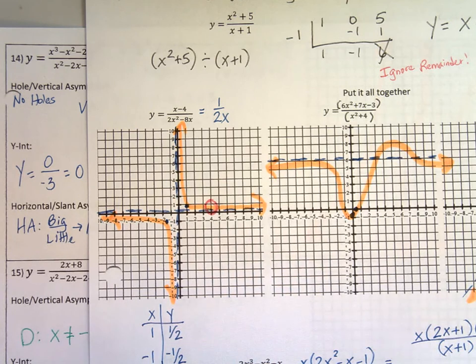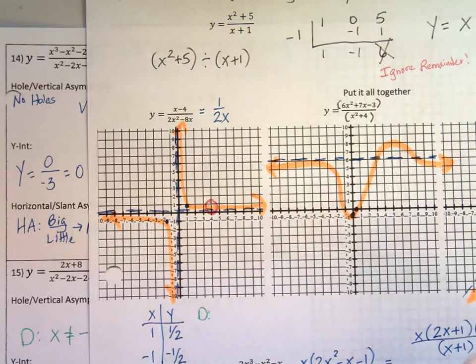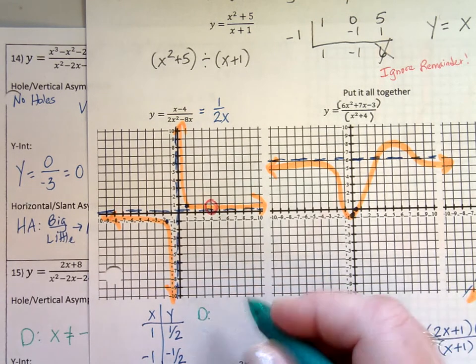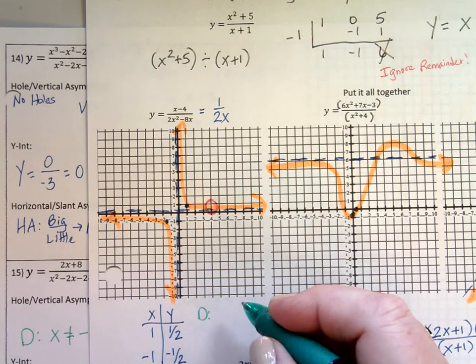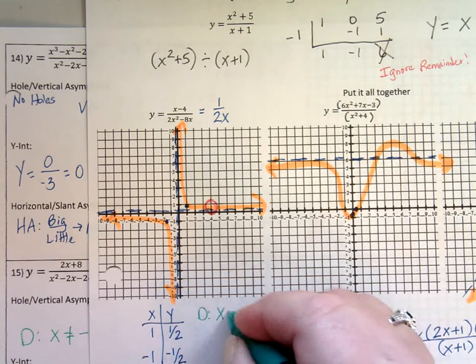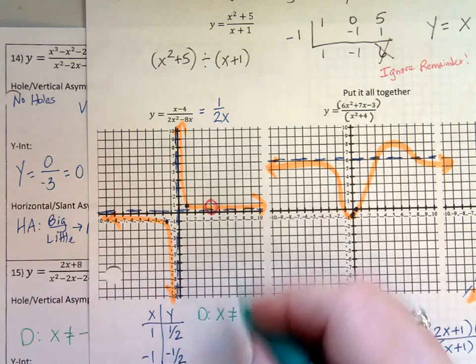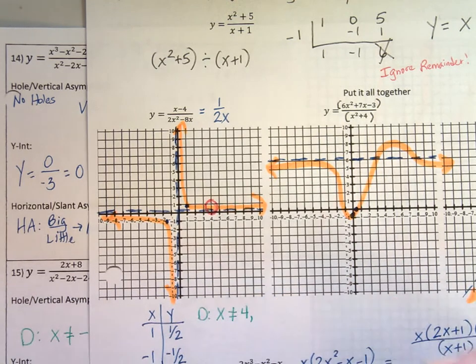So my domain for this one, it can be everything, but it can't be where there's a hole or where there's a vertical asymptote. So x can't be, where was my hole? Do you remember? It was at 4, right? X can't be 4 where I have a hole, and it can't be where I have a vertical asymptote, and that would be at 0.